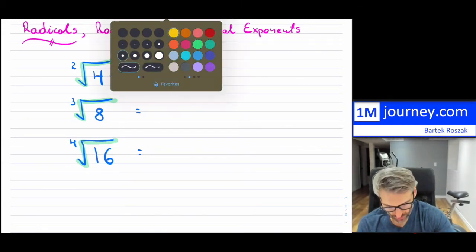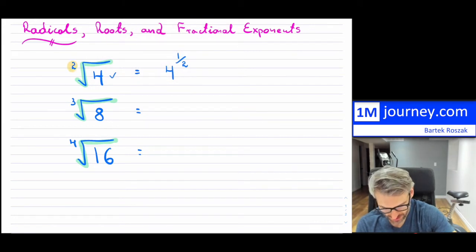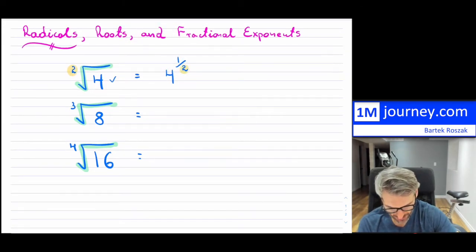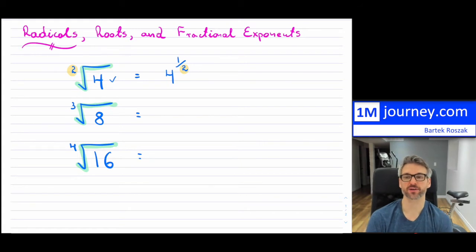So whatever your root is, this is the second root, so it's the square root, it will go in the denominator. And 4 to the exponent of a half is exactly the same thing as the square root of 4. Now you can check that for yourself, all right?